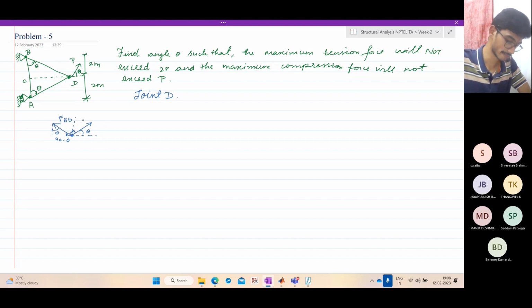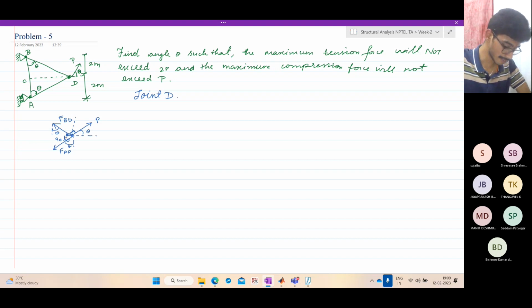This is 90 degrees. So here you have P, here you have FBD, and at some other angle you have FAD. If this angle is 90 minus theta, since this is bisecting this, this should also be 90 minus theta. And then this angle is theta.